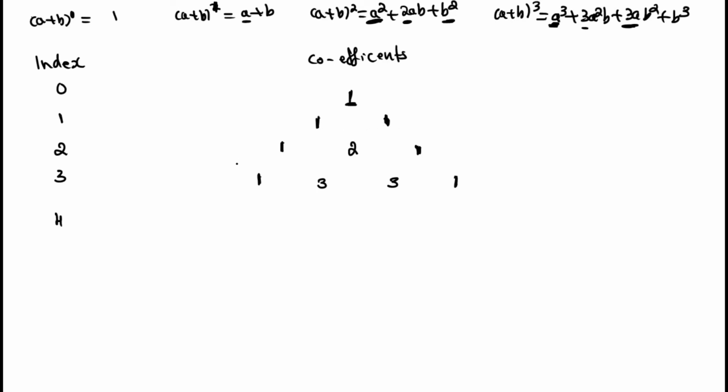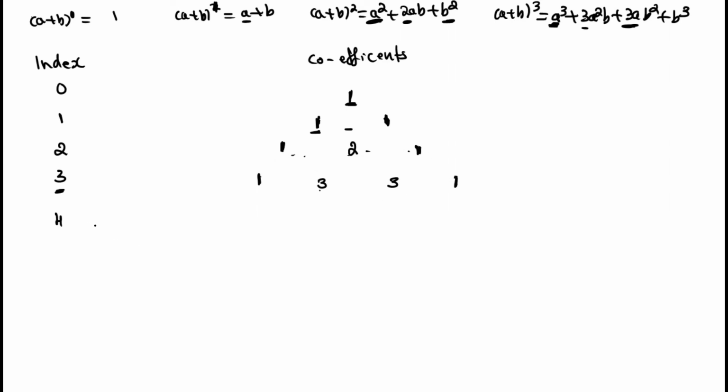To write the coefficients of a plus b whole square, first write this 1, then add 1 plus 1, that is 2, then on the right-hand side write the 1. To write the coefficients of a plus b whole cube, first write this 1 here, then add 1 plus 2, it is equal to 3, 2 plus 1, it's equal to 3, then the remaining 1.